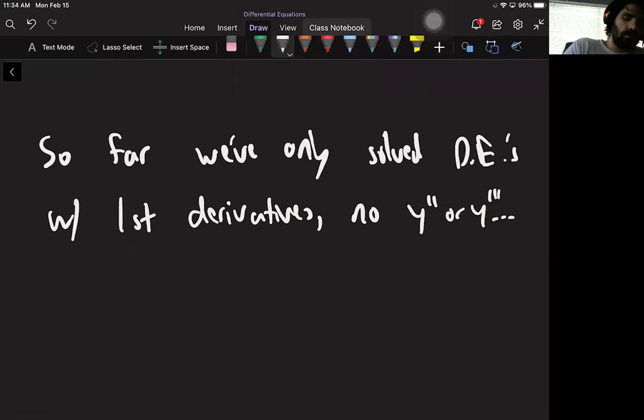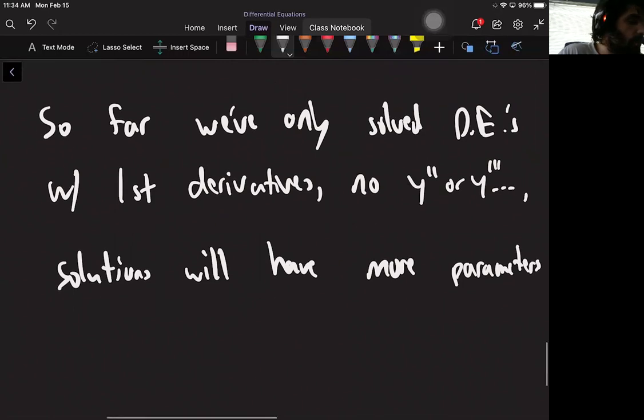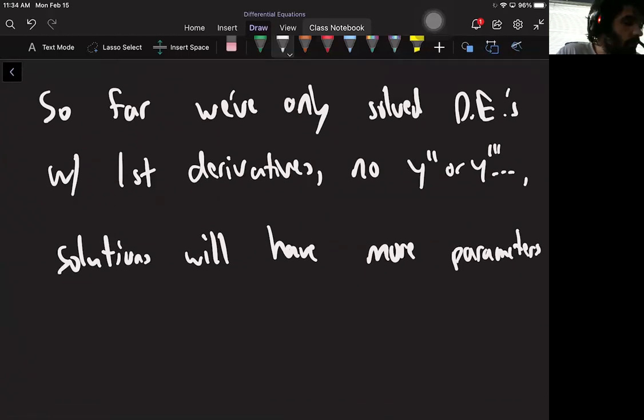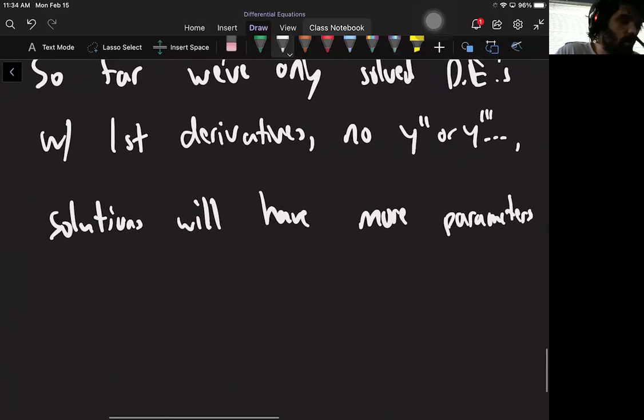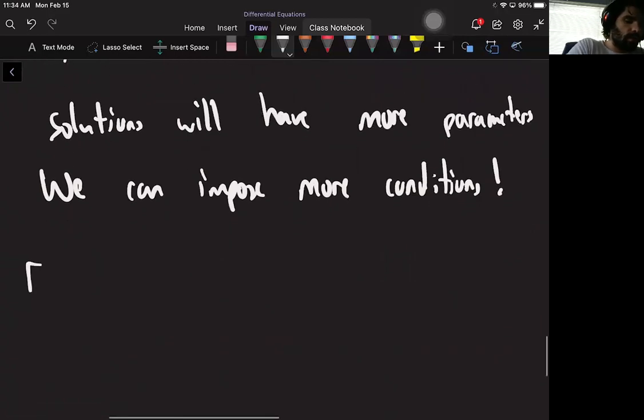And what will happen is that solutions will have more parameters. So we'll see how to solve things like that later. But for now, we're just going to impose conditions on solutions that have more parameters. Okay, so we can impose more conditions. So let's just see an example here.